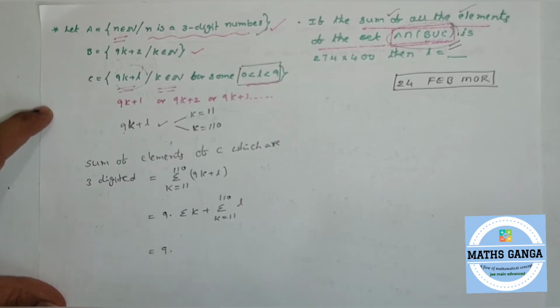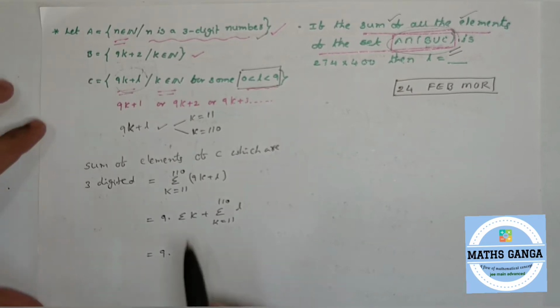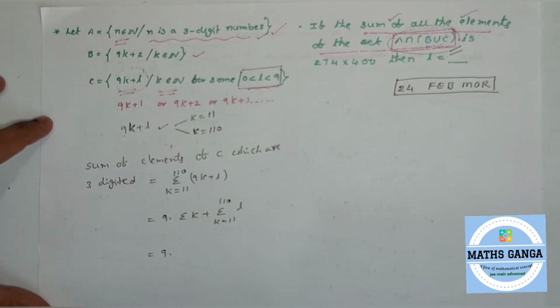That is equal to 9 into sigma k, where 11 to 110 we are going to calculate. The sum of the numbers from 11 to 110 forms an arithmetic progression with a common difference of 1.